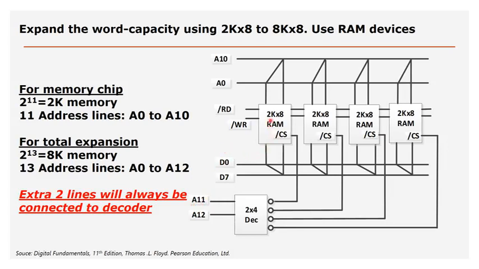As you can see, on this 2K by 8, the data bus is connected between D0 to D7, and that is the case with all of them. So all of the data buses are basically connected to the same data bus. The chip selects of the different devices are connected to the output of the decoder.